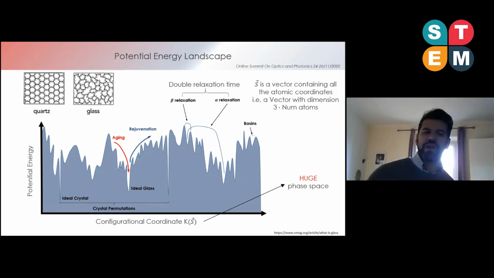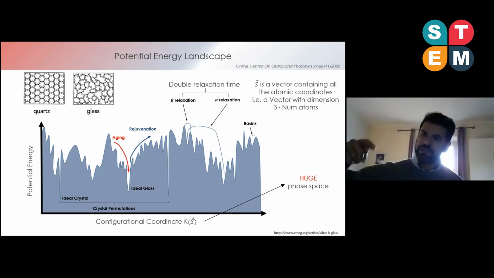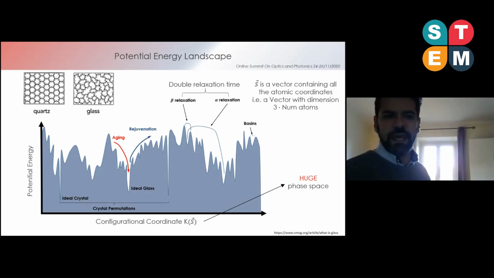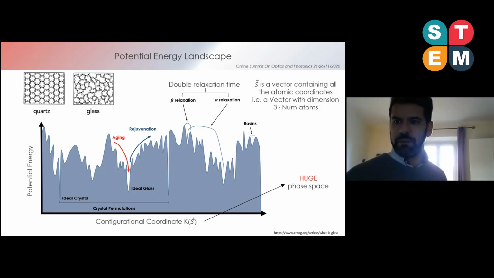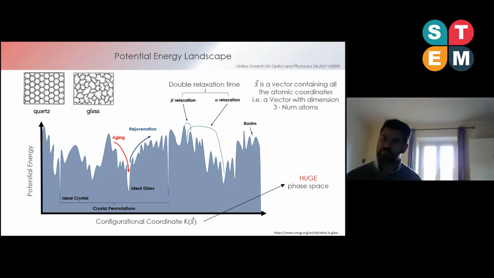To simplify, you can imagine a configurational coordinate, which is just a 1D projection of this S vector, and you can follow the behavior of the glass as a function of time. You will see that the glass is placed in one of the minima of the potential energy landscape, while the crystalline case is the deepest configuration, the one with the lowest energy.